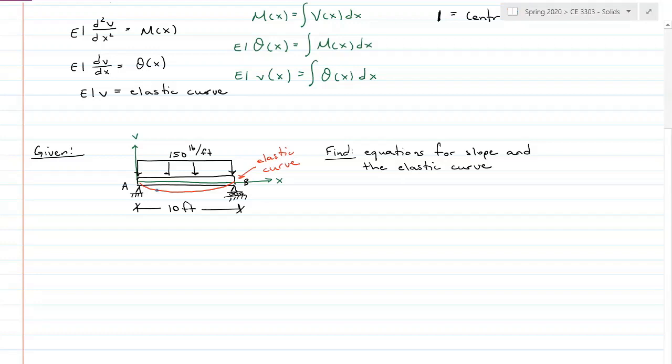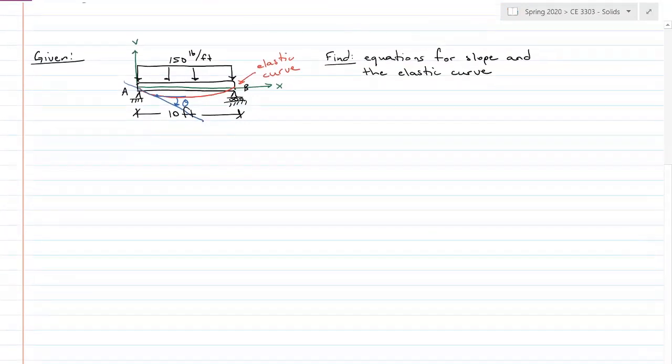So if I look at this random point here, and I draw a tangent line to it, then this right here is going to be my slope. So I can find slope at any point along my elastic curve. Those are the things that I'm looking for.